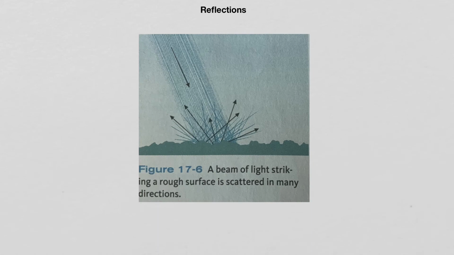And so here is a drawing of a light beam made of multiple parallel light rays that hits a surface that is not perfectly even. And so after reflection, the light rays will go in all kinds of different random directions.